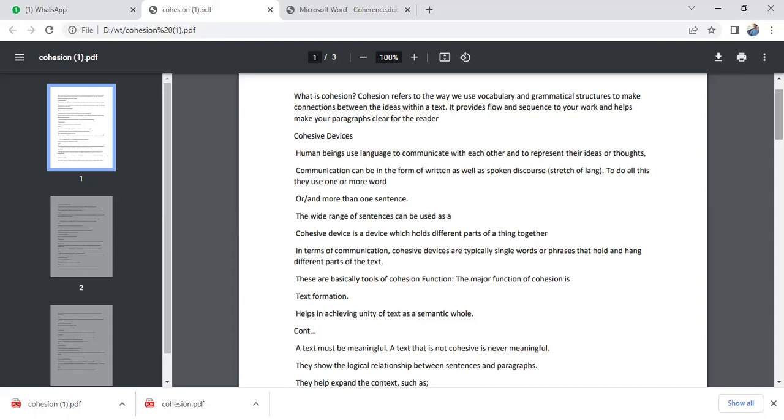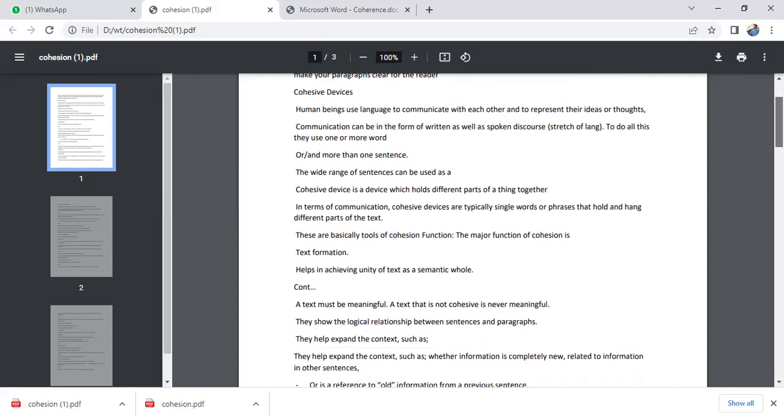If you are writing, you must give a proper structure, a proper organization to your ideas. If there is no cohesion, remember, there will be no organization in your writing, fine. So in order to bring organization, in order to give sequence and a proper pattern to your writing, you will have to bring cohesion in your writing, fine.